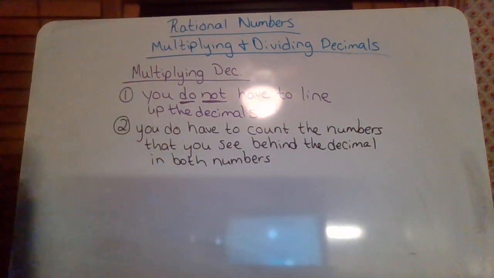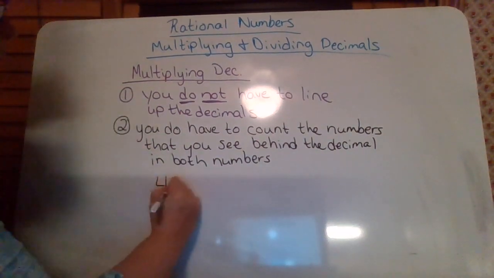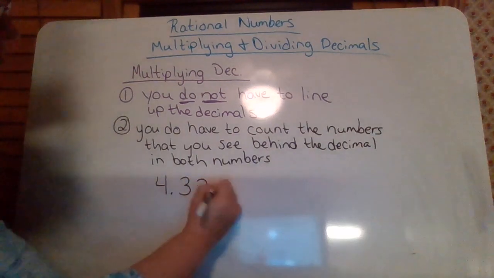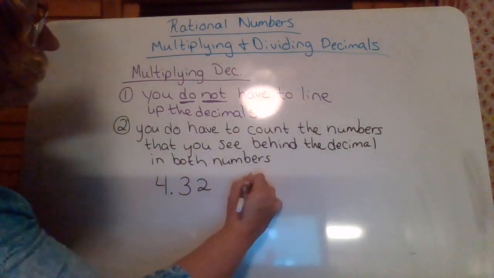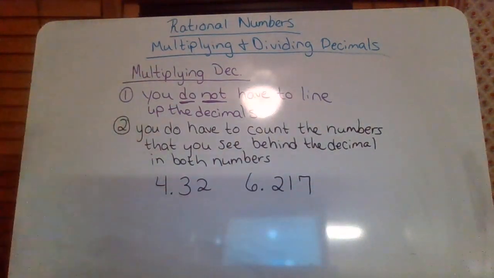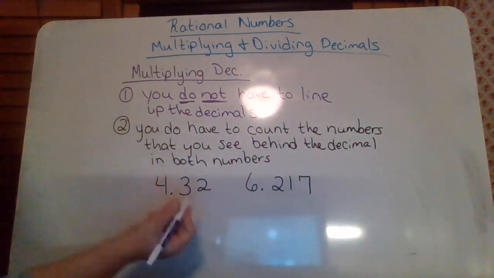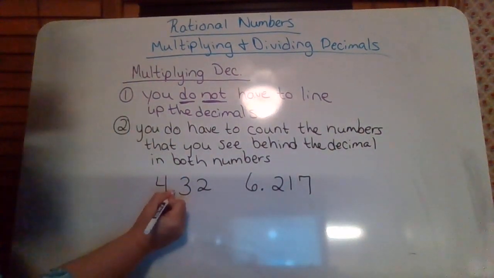Okay, so let's say that I give you 4.32 and I give you 6.217. So what I'm talking about is the numbers that you see behind the decimal. So right here's the decimal.